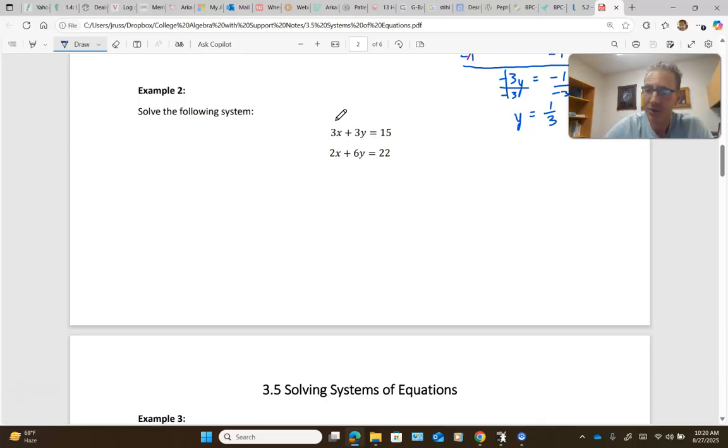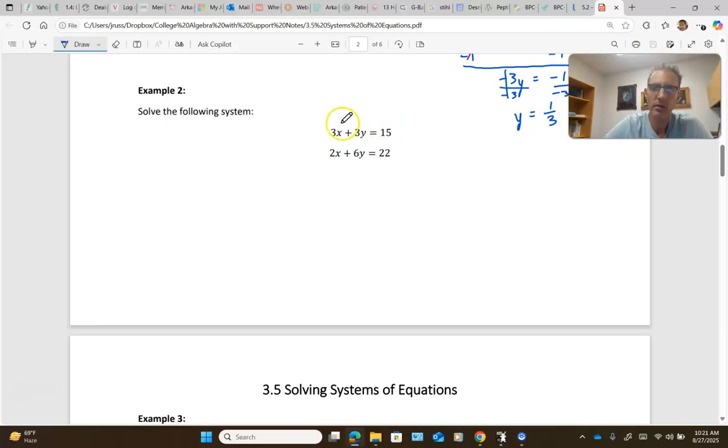Okay, guys, I'm going to go with y again. You'll see why here in a minute. If I just go ahead and add these, nothing gets eliminated. However, looking at my y's, I do notice that this 6y down here is a multiple of the 3y on top.